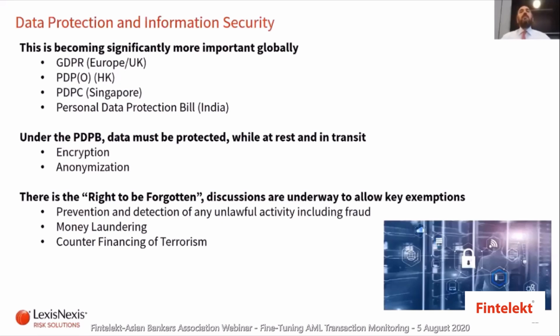So as you're having local discussions about privacy bills and the right to be forgotten, remember that it's essential to have exemptions for financial crime, money laundering, fraud, terrorism, all of it. It's essential to include those provisions in the laws.